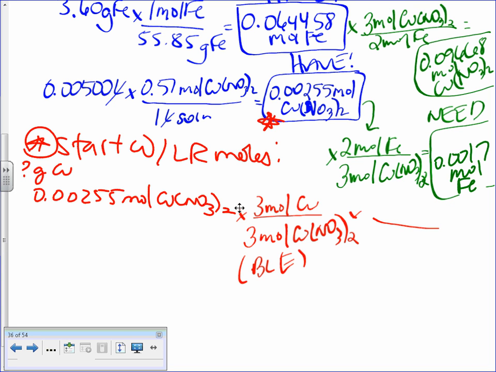You're looking at me. You should be looking at the periodic table. 63.55 grams of copper. And tell me how many grams of copper that is. You've got to look at your periodic table to remember where stuff is, right?